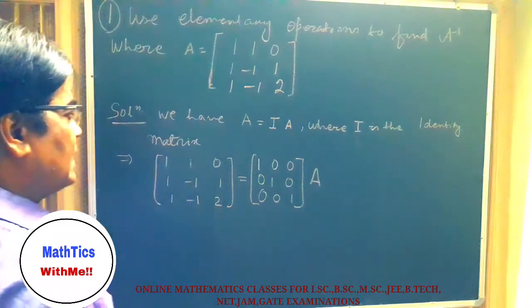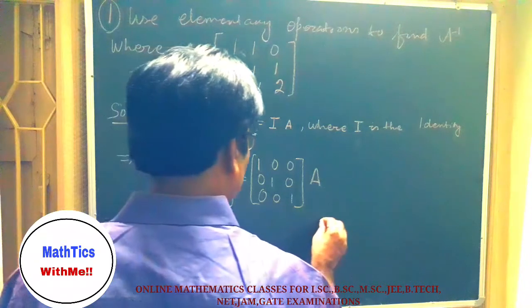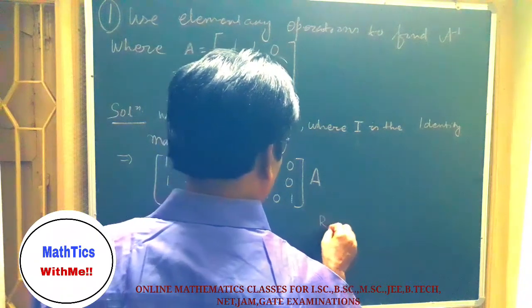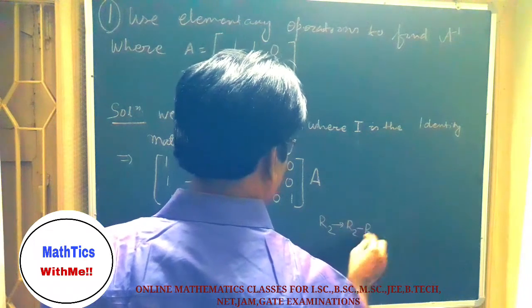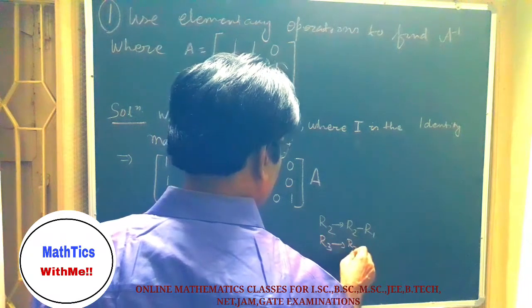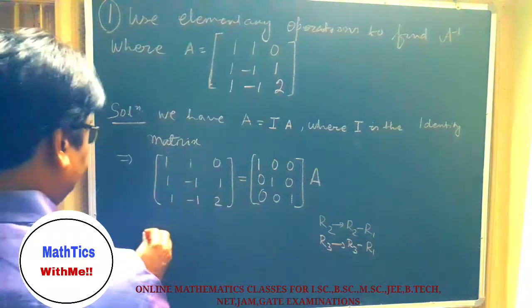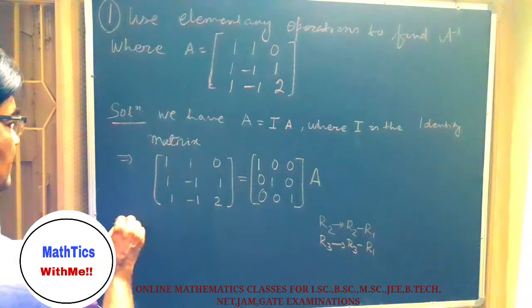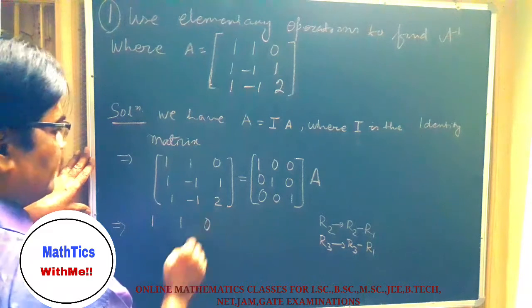So let us start first. Replace R2 by R2 minus R1 and R3 by R3 minus R1. So if we replace, we will get this. The first row will remain as such, there will be no change.